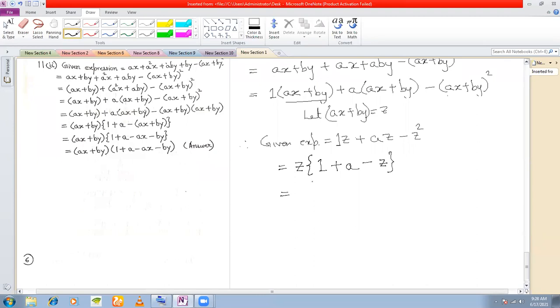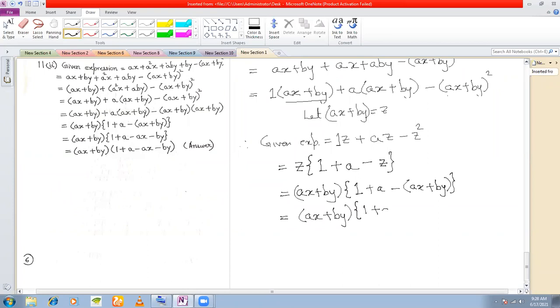So now, put the value of z back. z is ax plus by. You have z times (1 plus a minus z), where z is ax plus by. Now you open the brackets within the curly brackets.